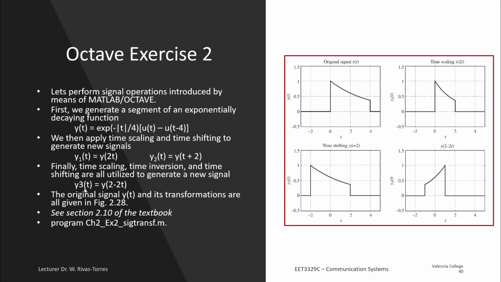And then the same thing with y3 of 2 minus 2t. This one inverts the signal and also time shifts the signal. That's what y3 does. This is from section 2.10 of the textbook, which does a few of these exercises.